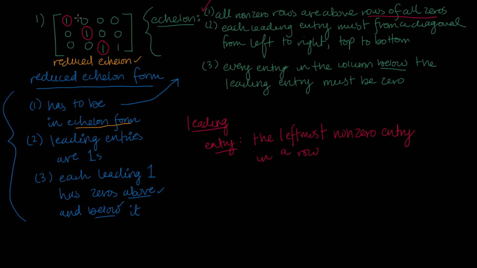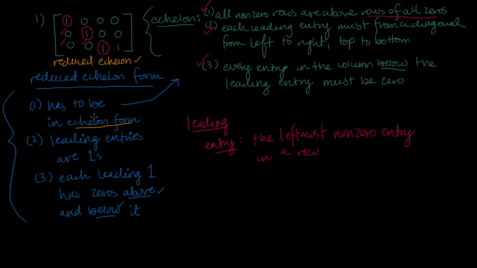Do we form a diagonal from left to right, top to bottom? Yep. So these leading entries do follow echelon form. And are there entries in the column below it that are all 0? Let's check. This leading entry has zeros below it. That's right. This leading entry has zeros below it. And this leading entry, well, it has nothing below it, but it still counts. So this is in echelon form.